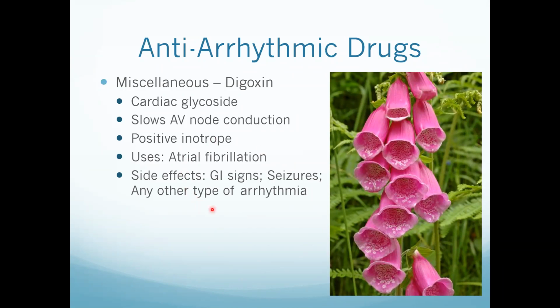Like I said, the downside is that it does have quite a narrow safety margin, and so common signs that we'll see will be gastrointestinal signs, and then as we get more and more toxicity, then we might start to see CNS signs, and then as we get more and more toxicity, it gets cardiotoxic, and it has interestingly been documented with every other type of arrhythmia with digoxin use.